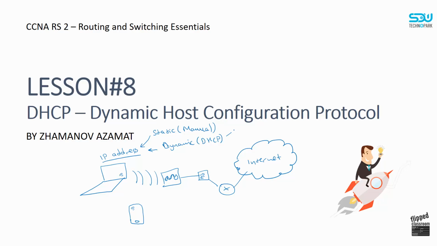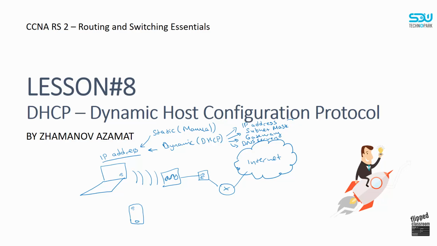By the DHCP server, you can get the IP address of the computer. Additionally, the DHCP server gives you the subnet mask, and optionally the information about your default gateway. Optionally, it also gives you the IP address of the DNS server.